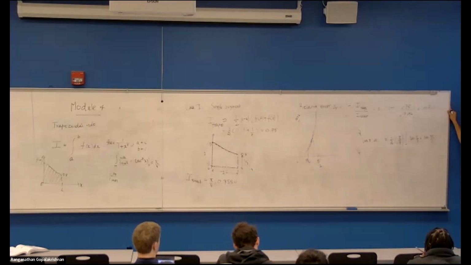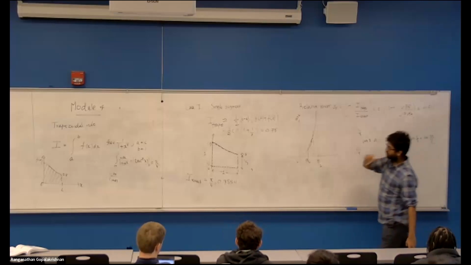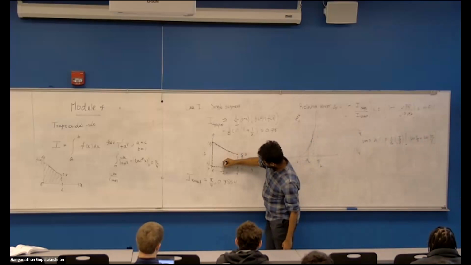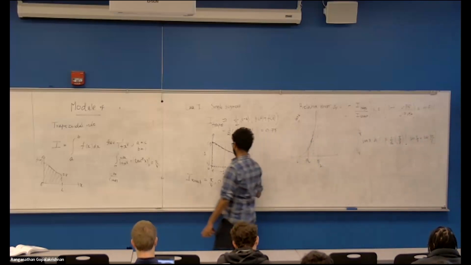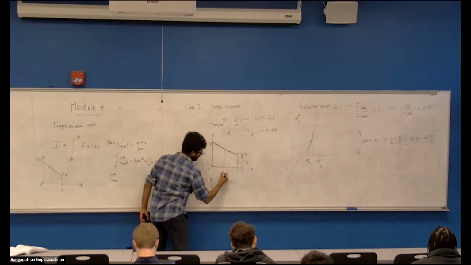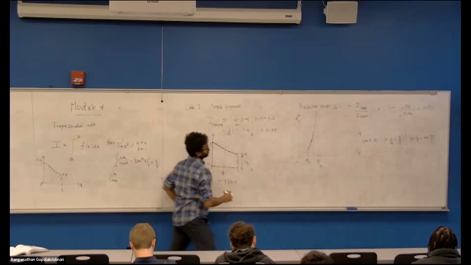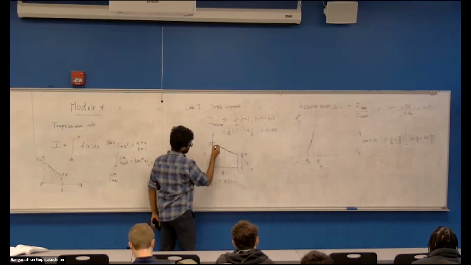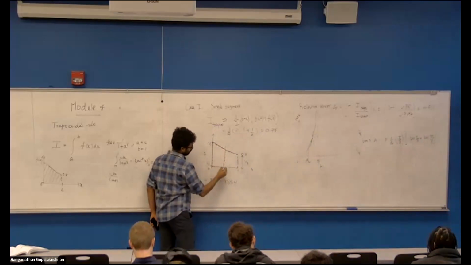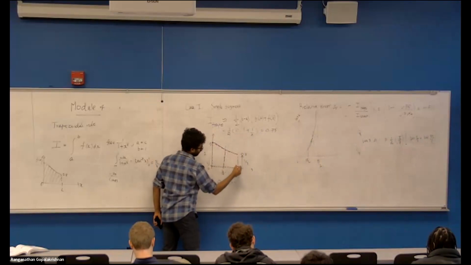I see some tired faces. Is it because it's not making sense? Can you tell me what the issue is? What would be the next step here? Divide into more segments, so let's try doing it into two segments. We'll split this as 0 to half and then half to 1, into two trapezia, where the first runs from 0 to half and the second runs from half to 1.